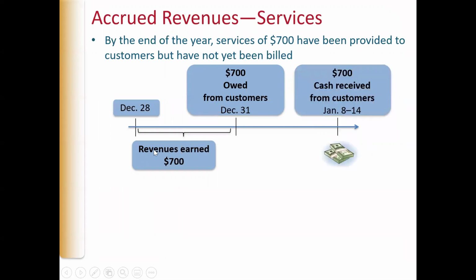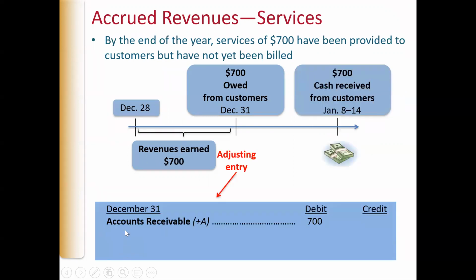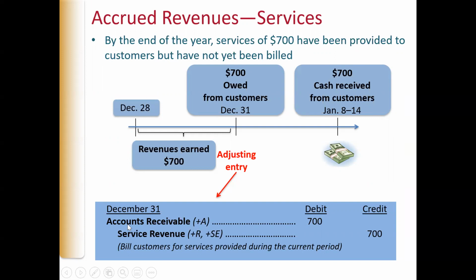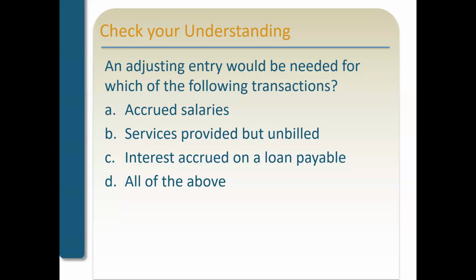So we are then going to show an accounts receivable, which means money due the company, and a service revenue. We provided the service, that's when we recorded, even if we didn't get the cash, correct? So then once we do receive the cash, it's at that time we'll say a debit to cash, a credit to the receivable. Got it?